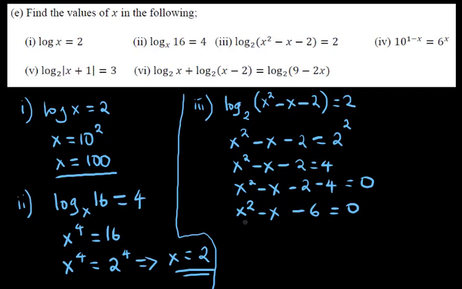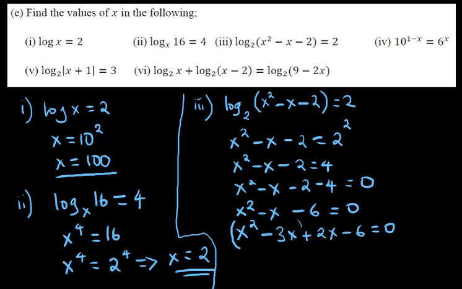Since this is a quadratic equation, it becomes easy for us to solve. We just look for two numbers, which I'm sure are 3 and 2. So we can write this as x squared minus 3x plus 2x minus 6 is equal to 0.